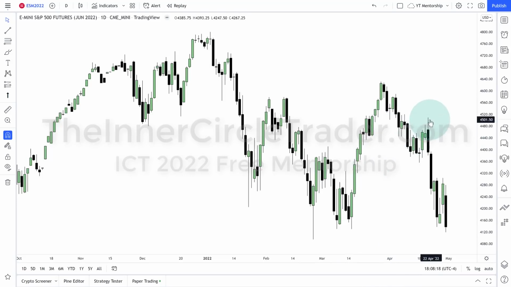I outlined that as an area to watch, and we're entering a seasonal tendency, so we're going to be expecting lower prices. We got lower prices. I showed you the relationship with the dollar because it's risk off. So we have all of the decline taking place in the equities markets. And I said that we would be likely to draw down into this relative equal low.